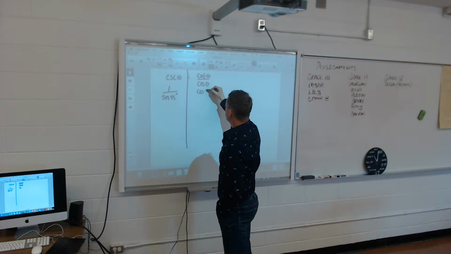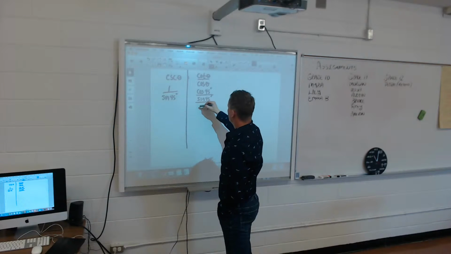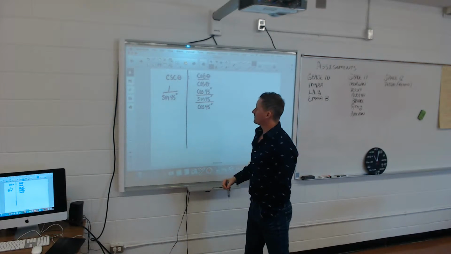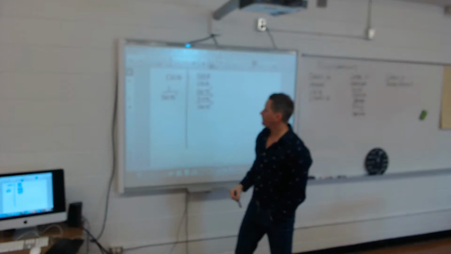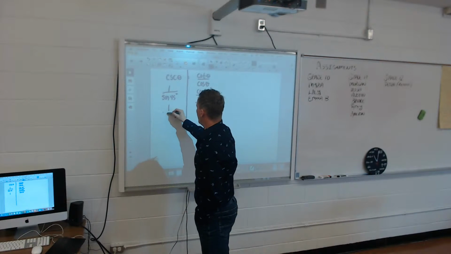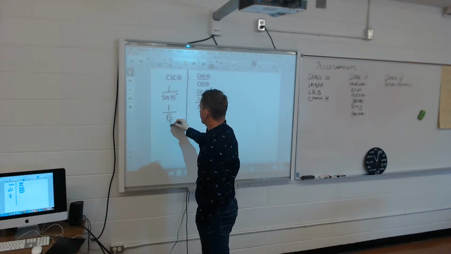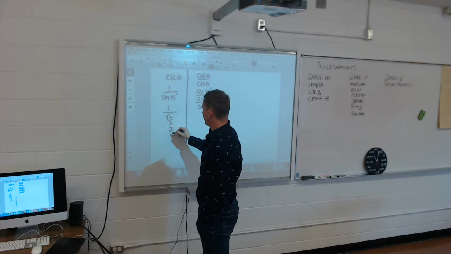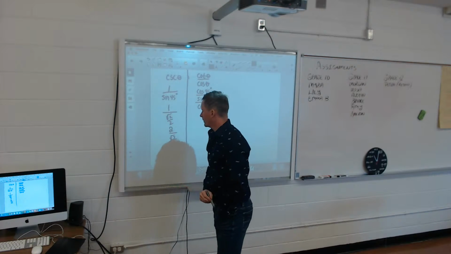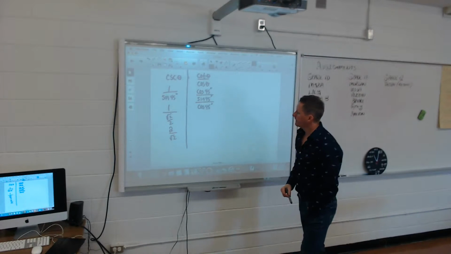This guy, cos 45 degrees over sine 45 degrees over cos 45 degrees. Now, 1 over sine 45 is the same as 1 over root 2 over 2, which is equal to 2 over root 2, which I'm going to leave as is.